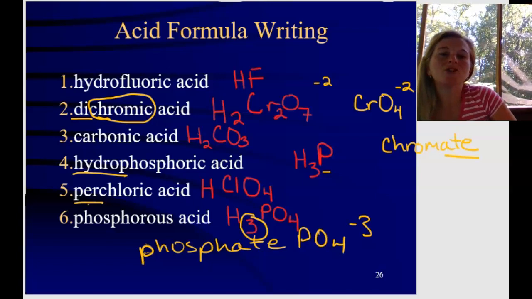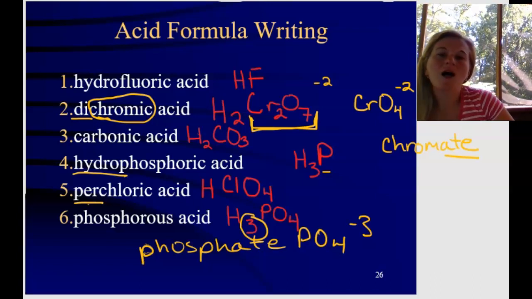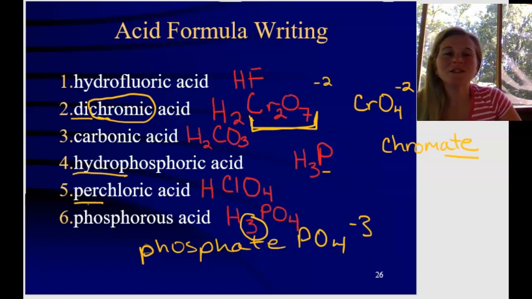And so that changes our formula a little bit. If we have 2 chromates, we actually end up with Cr2O7. We'll get more into this formula writing in the year. And so we still have that 2-, which gives us 2 hydrogens. So this is just to give you a taste of acid writing.